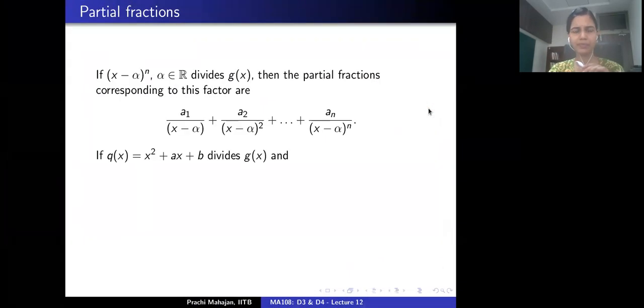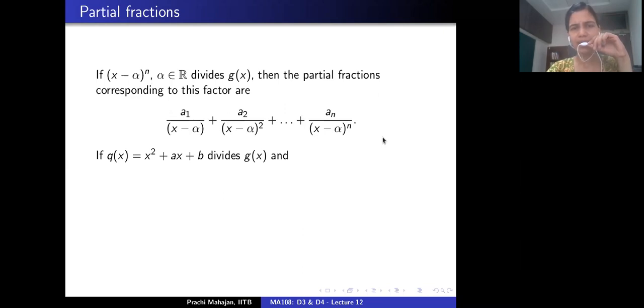All right. So anyways, what I wanted to say here is that the factor x minus alpha to the power n implies that the partial fraction decomposition corresponding to this factor will involve a sum of n terms, with constants a1, a2, an: a1 by x minus alpha, a2 by x minus alpha square, and so on, an by x minus alpha to the power n.